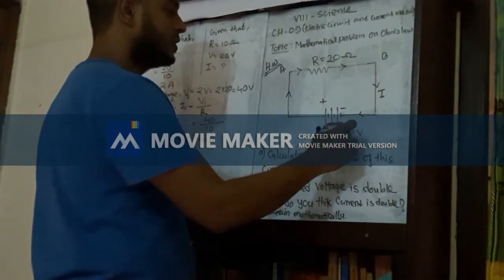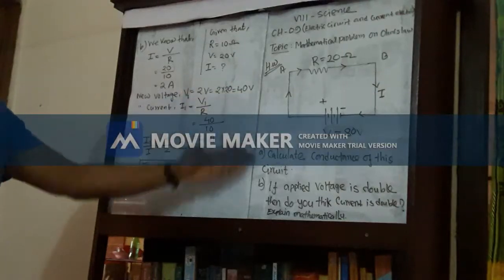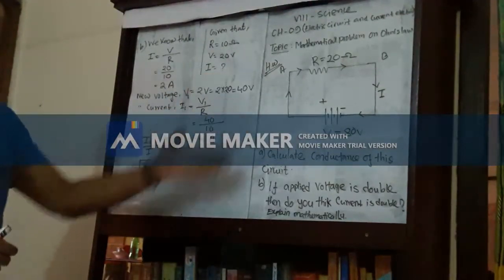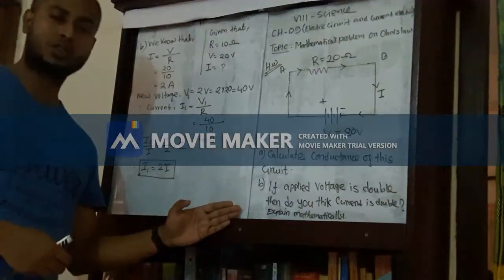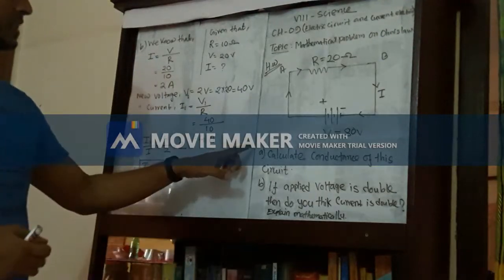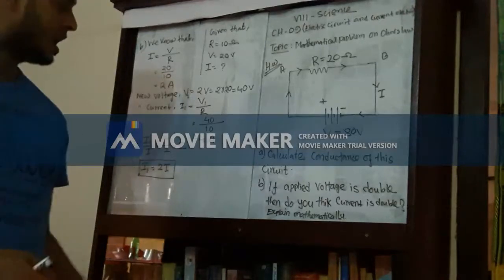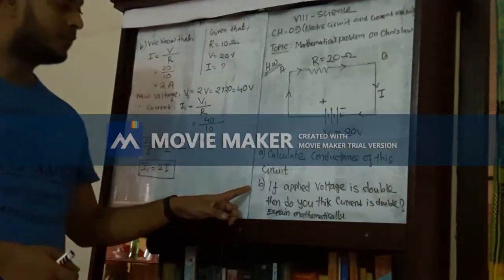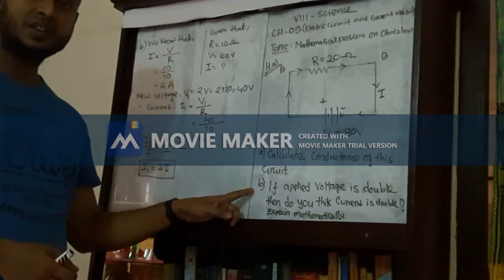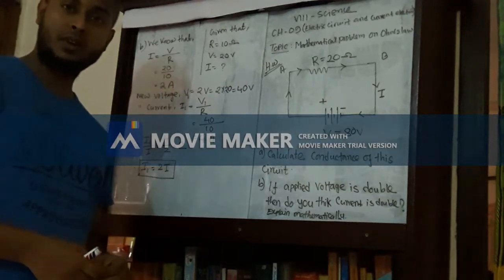For this given information, you are going to solve this mathematical question, question number A and question number B. The question number A is calculate conductance of this circuit, and question number B is if applied voltage is double, then do you think electric current is double? So you can solve this question at home.